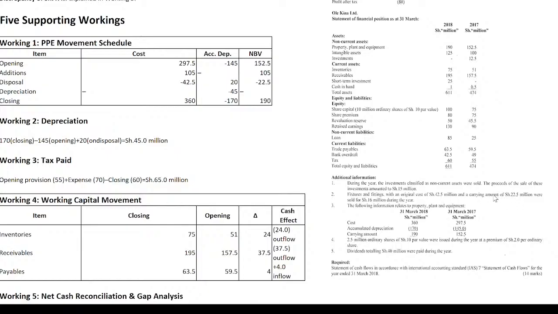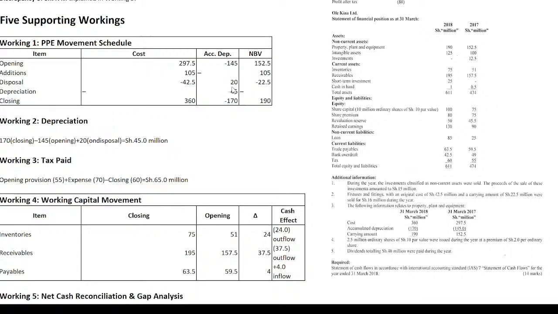The carrying amount is the same as net book value. So for the accumulated depreciation, when you subtract that, we are going to get 20. So that will be our accumulated depreciation. Then we also have a depreciation which we are supposed to calculate.